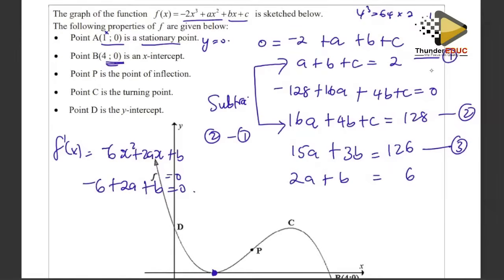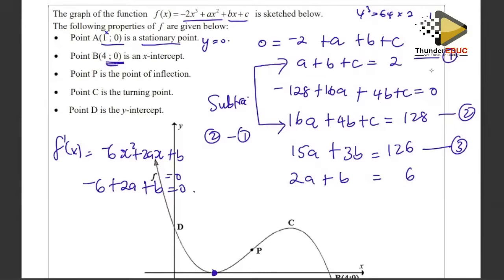So where is that other point that we need? Because we've substituted almost everything. So the other point that I'm seeing is 2a plus b is equal to 6.